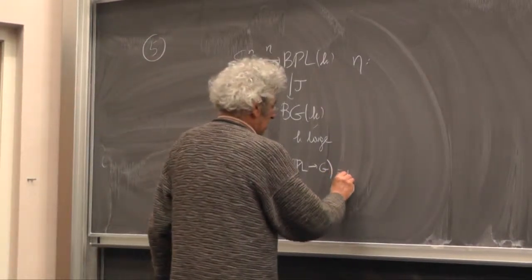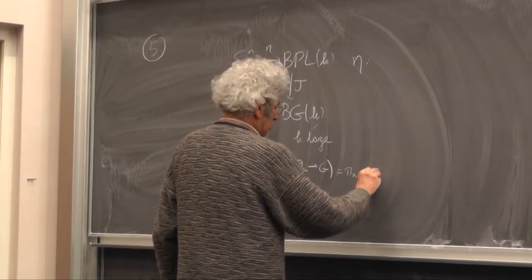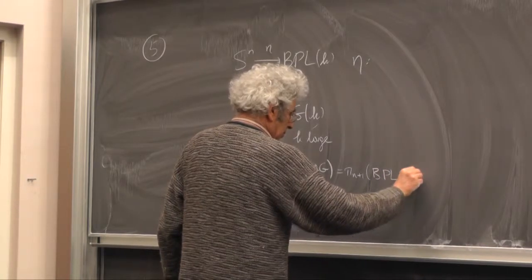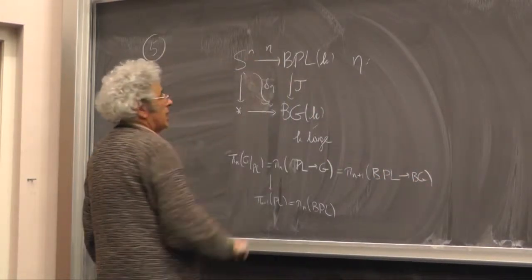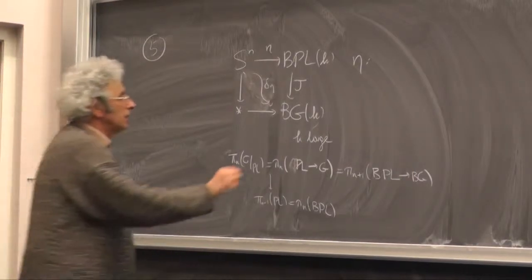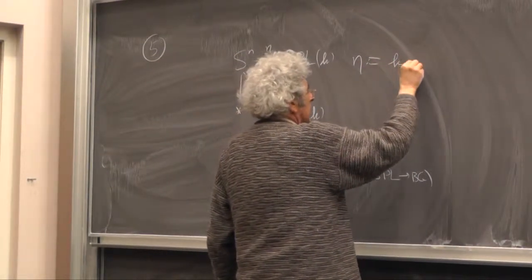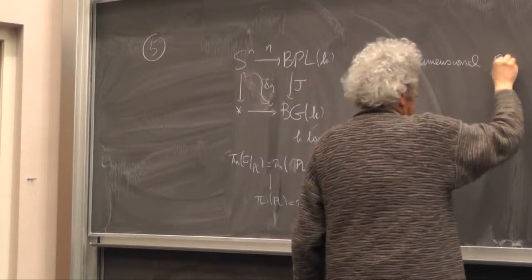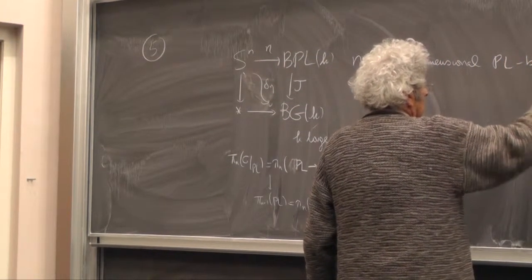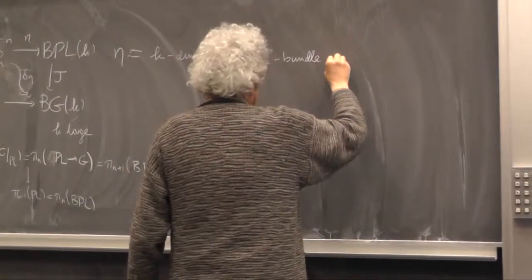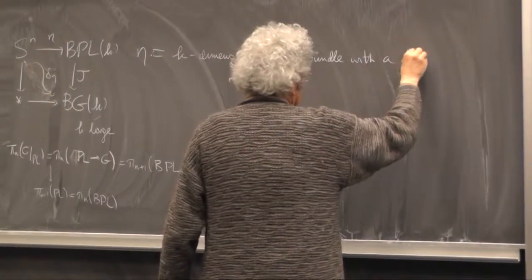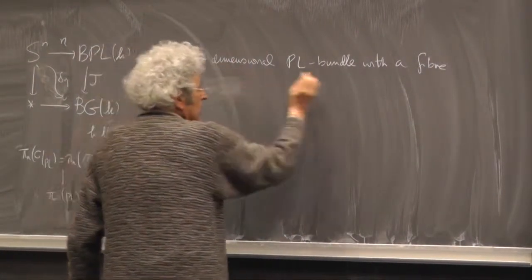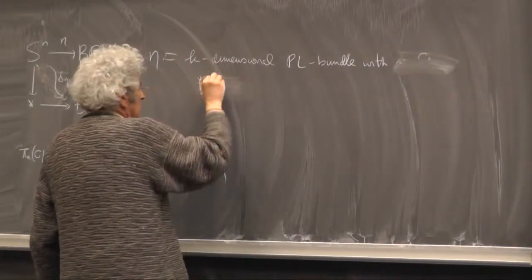If you want, this is pi_(n+1) of the map BPL to BG. That's why it's n. So eta is a k-dimensional PL bundle with a fiber homotopy equivalence. Right, let's look at it like this.